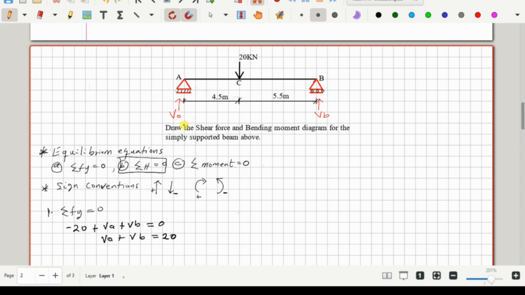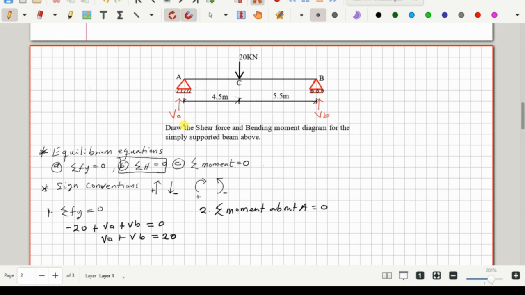And then secondly, we'll consider summation of moment. So 2. Summation of moment. Let's take our moment about A. So summation of moment about A equals 0. With that, since we are considering the moment at A, we will not have any moment, that obviously the moment at A will be 0.